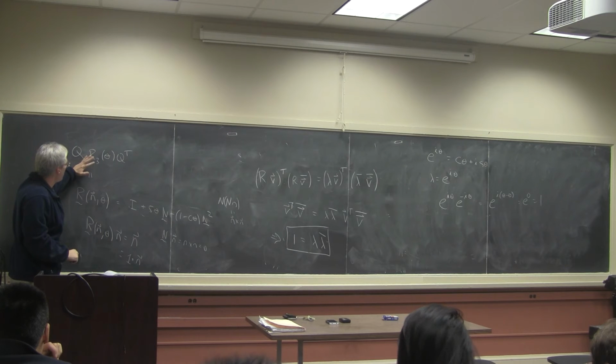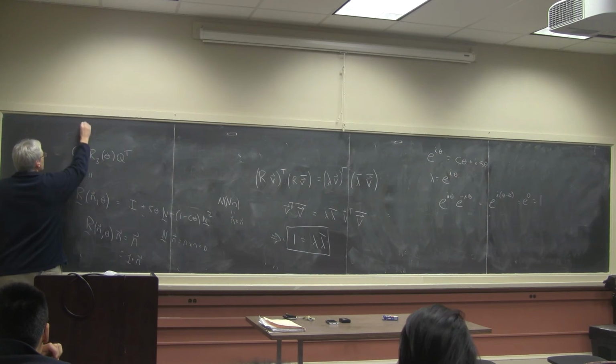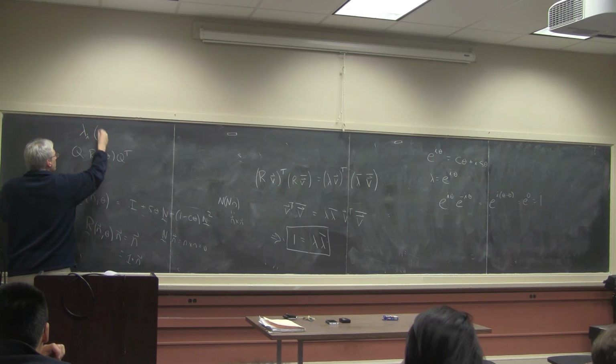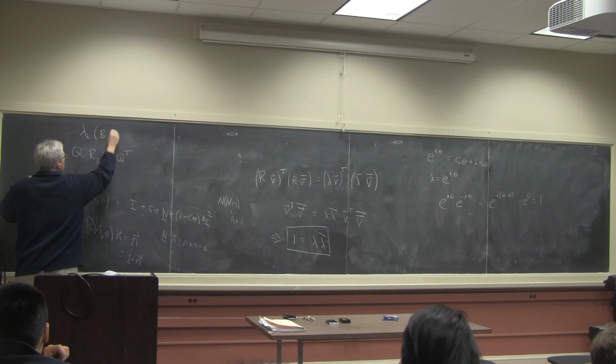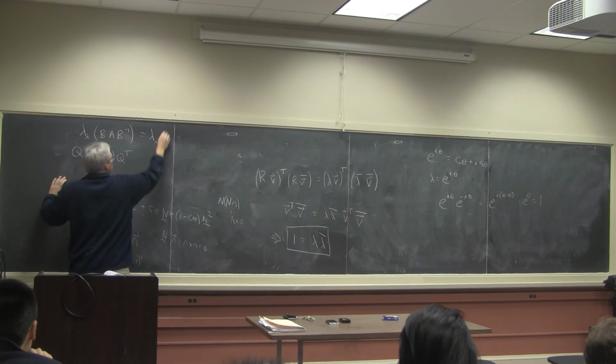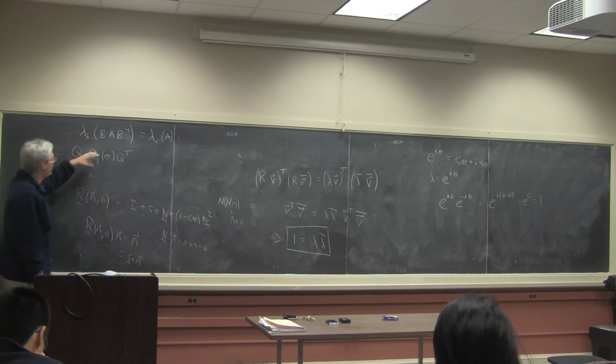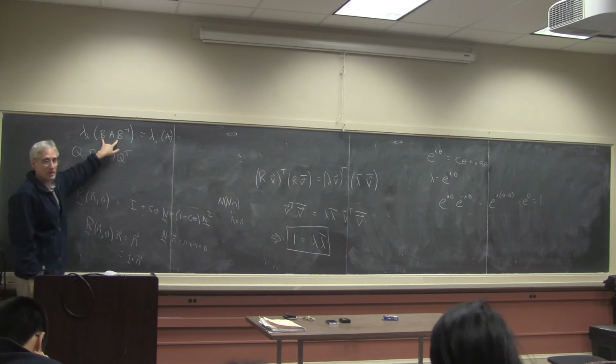As a general linear algebra fact, the eigenvalues of the matrix B A B inverse are the same as the eigenvalues of A. In other words, eigenvalues do not change under a similarity transformation.